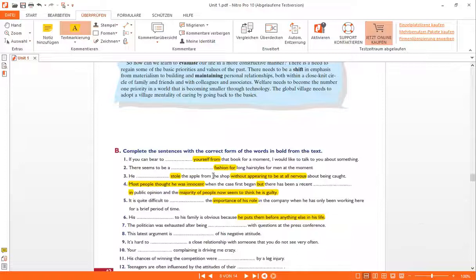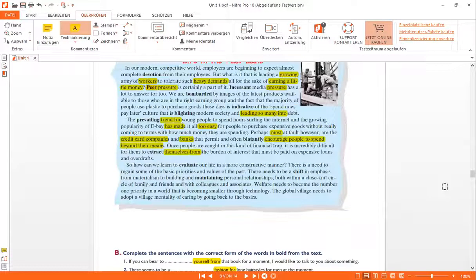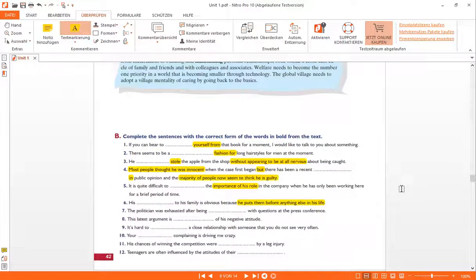Number 2, it's very similar. You've got fashion for. Again, you've got exactly the same words. Well, for the first one, a synonym, the preposition is the same, trend for, fashion for. So the answer is obviously prevailing. Number 3, he stole the apple from the shop without appearing to be at all nervous about being caught.